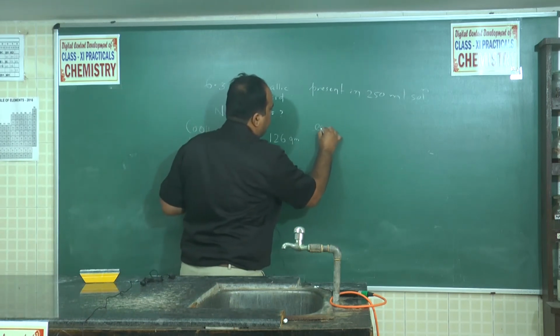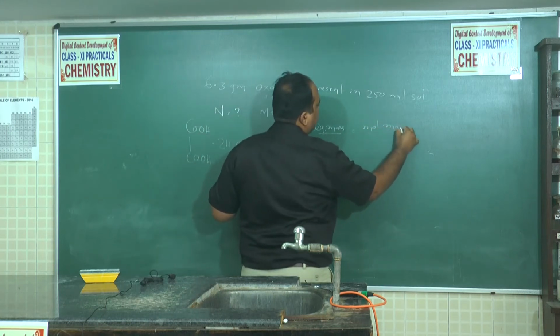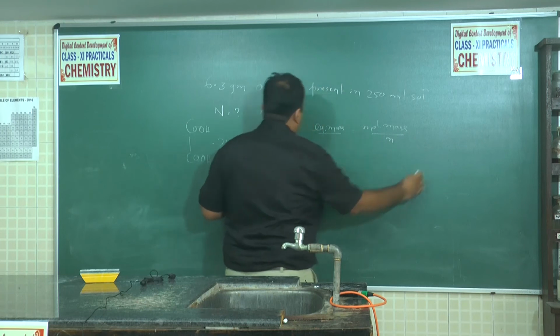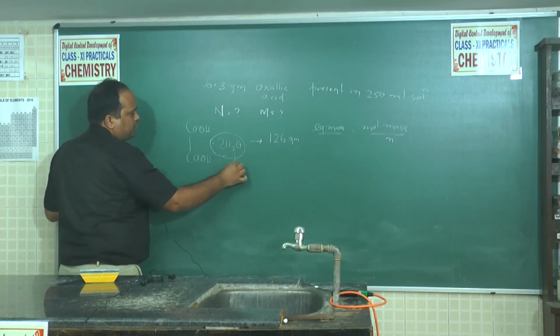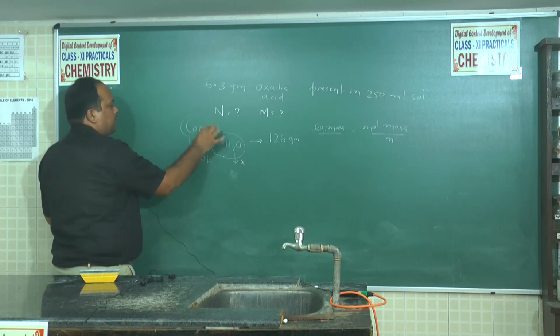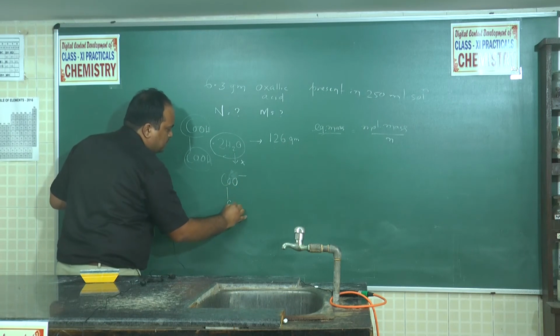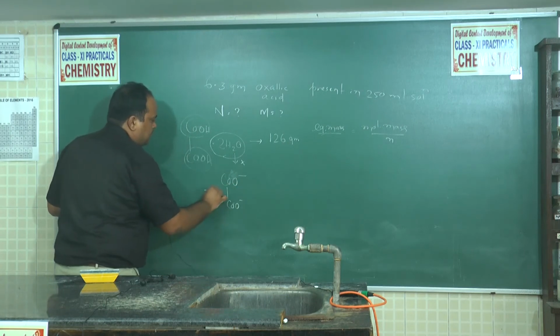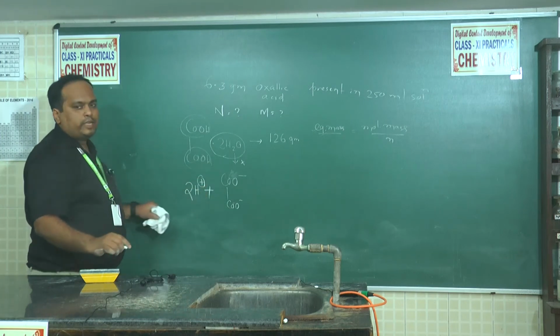So what is the equivalent mass? That is molar mass by number of electrons transferred. If we break it, the water of crystallization will not break. When a carboxylic acid breaks, it gives COO minus, and you will get 2H plus.